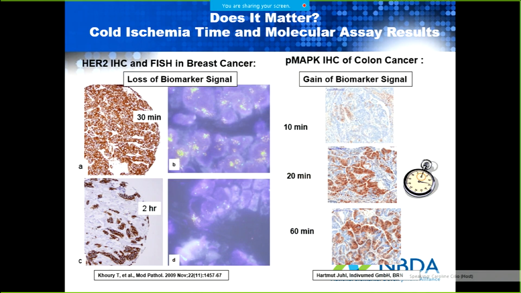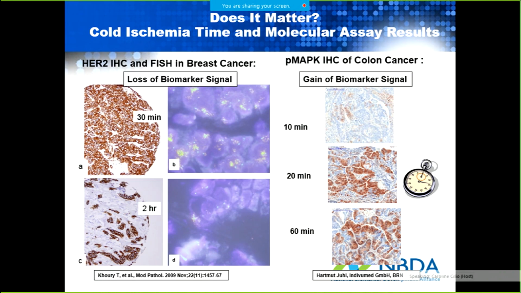Just to convince you that this does make a difference, these are published results showing two very common examples of the loss of a biomarker signal with just one pre-analytical variable, and that is time sitting on the pathology bench before the specimen is stabilized, either fixed or frozen.